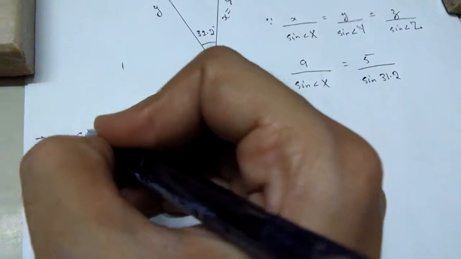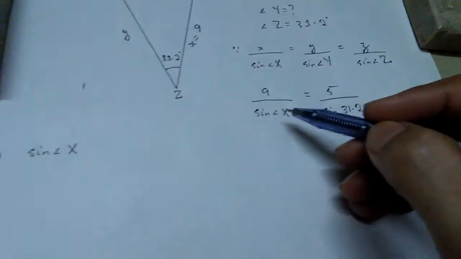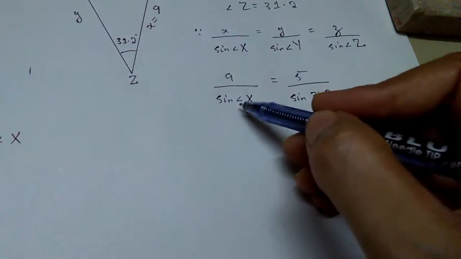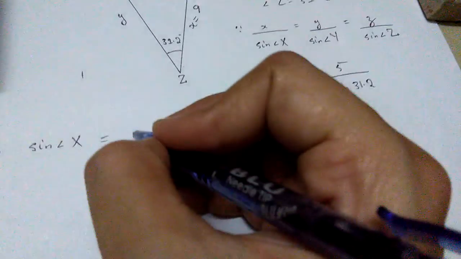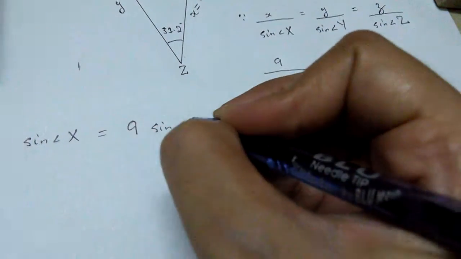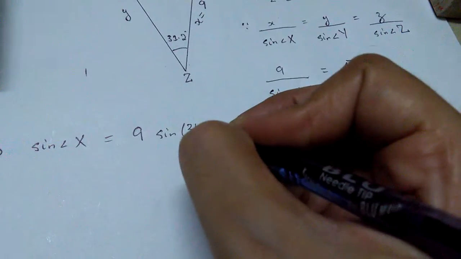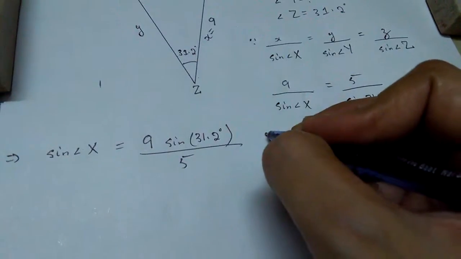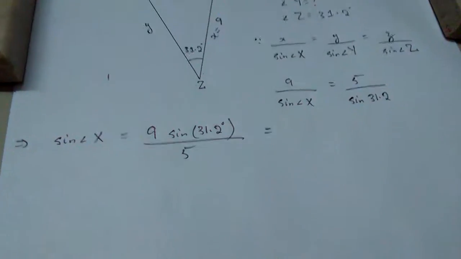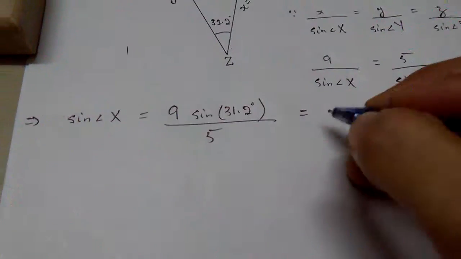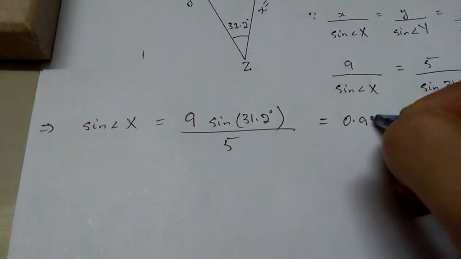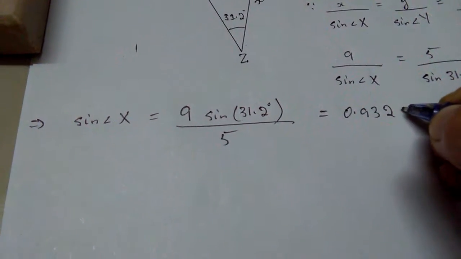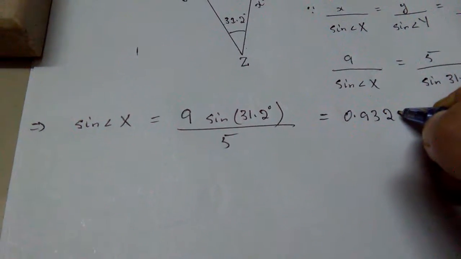So I come to know that sine of angle X, moving this term here and this term here, becomes 9 times sine of 31.2 degrees upon 5. That's how I write it, and I'm going to get some answer. Let's calculate this. This comes out to be 0.9324.